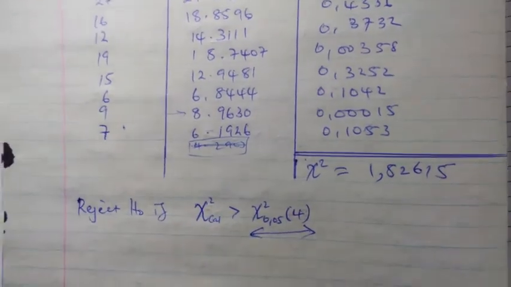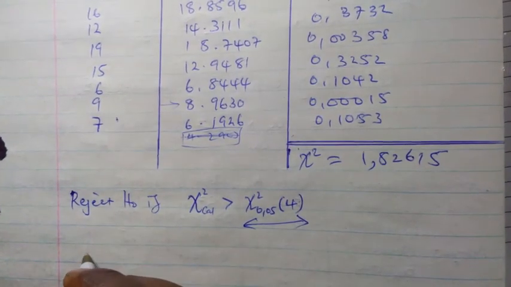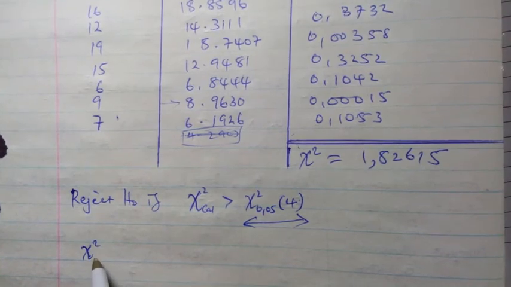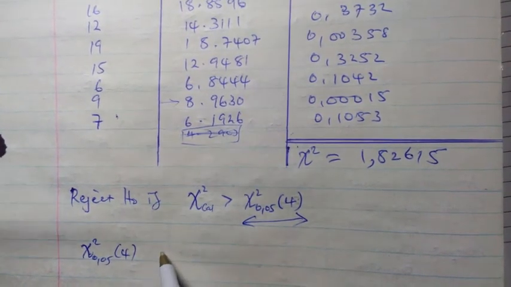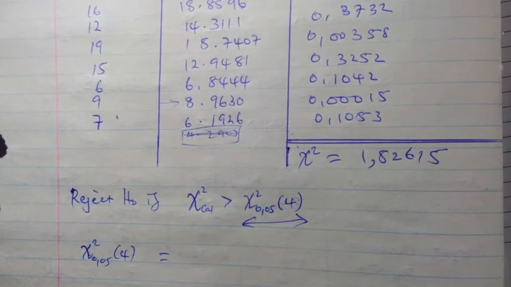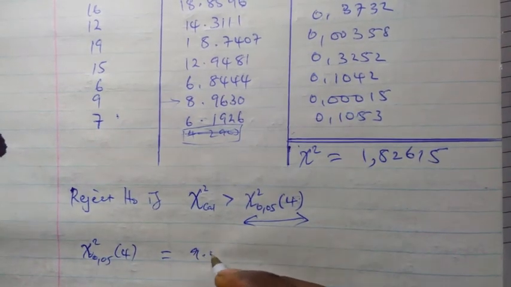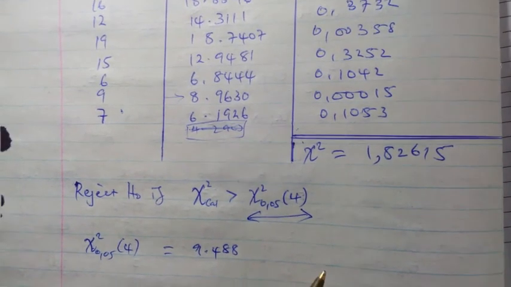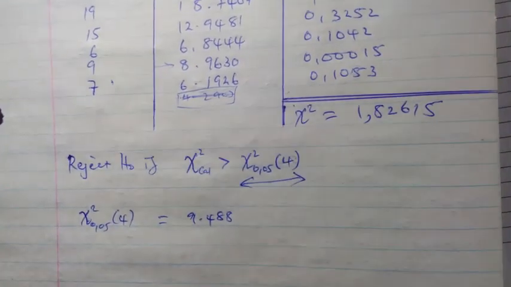For 4 degrees of freedom at the 5% significance level, the critical value is 9.488. We are going to compare this value with the one we calculated in order to come up with our decision for the hypothesis.